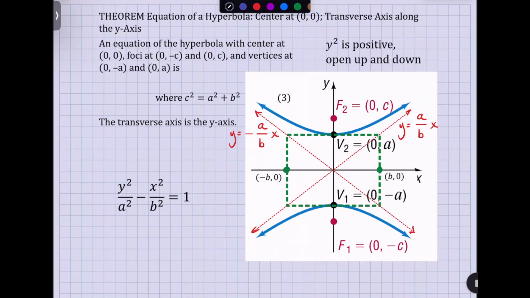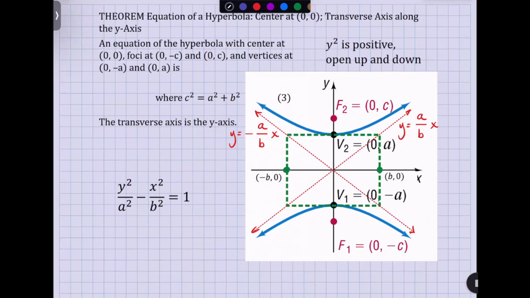A squared is always underneath the positive square term. Are we okay so far?